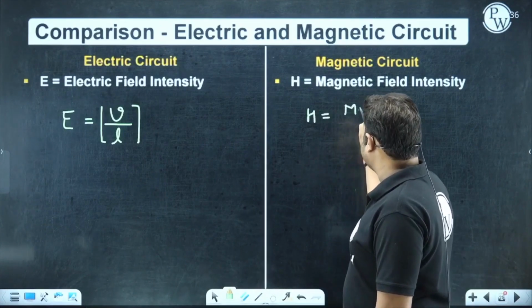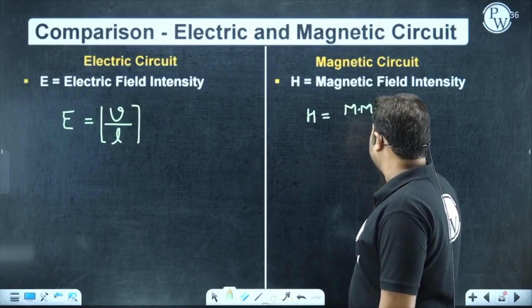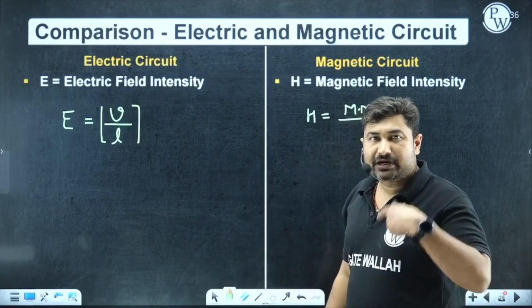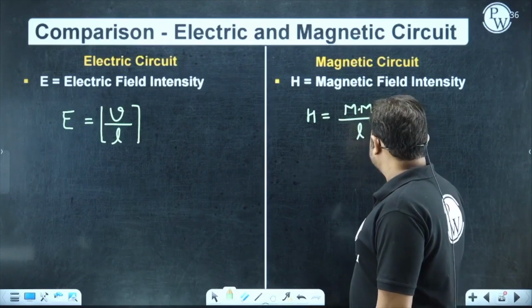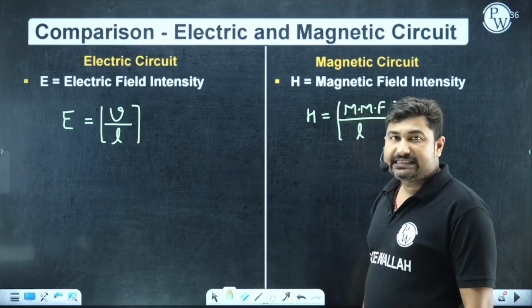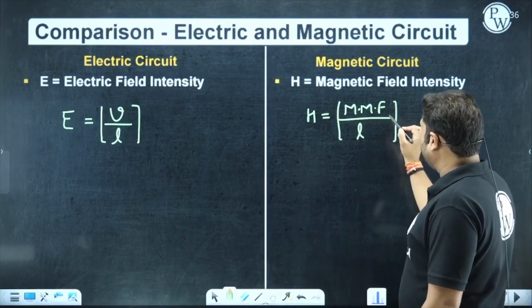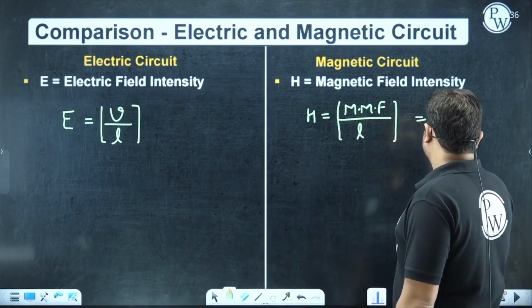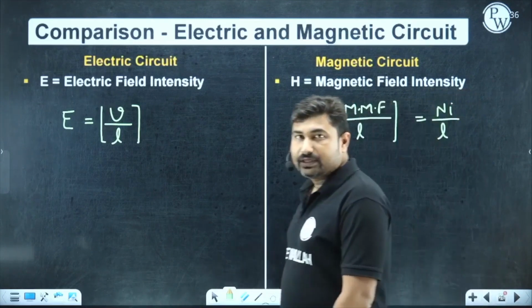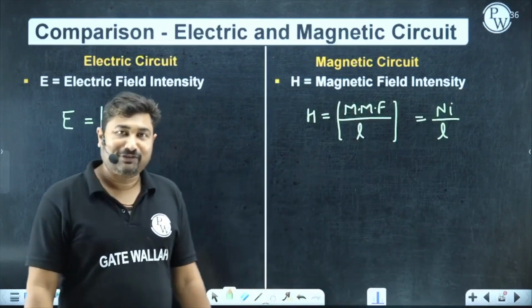What is the driving force in a magnetic circuit? MMF. So MMF is going to drive the flux. So MMF upon L, that is, magnetic field intensity is magnetomotive force per unit length of the conductor. So you can represent it as Ni by L. Is it okay? Now you have a better feeling.